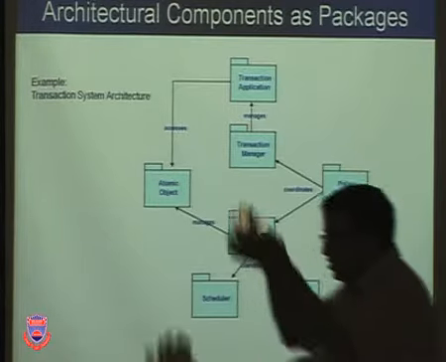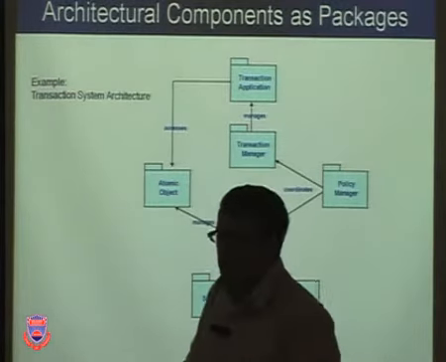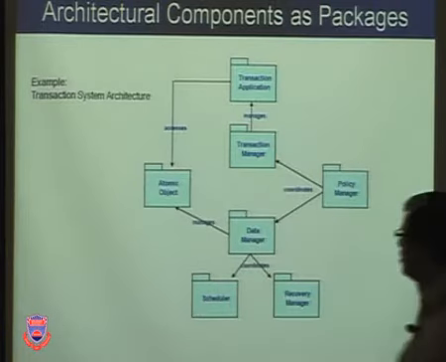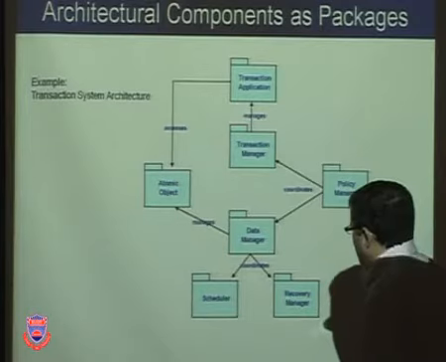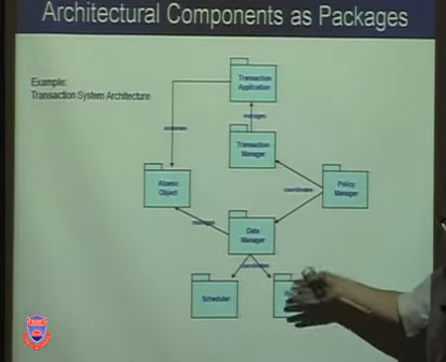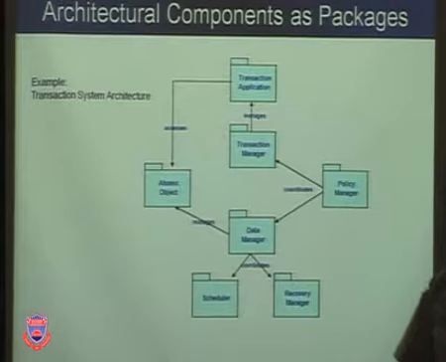The idea was it's a cross-level structure, a kind of grouping. So we have an element transaction manager, architecture component, architecture component data manager. So as you see, we haven't changed anything to UML. We have just taken the packages and represented our architecture, and we say this is our architecture.